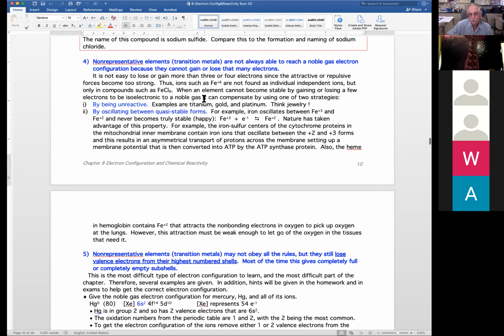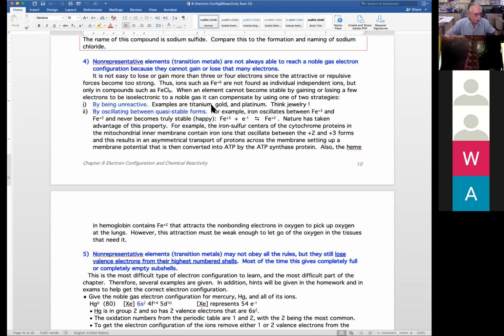Think about the jewelry metals, titanium, gold, platinum, and all those ones, right? That's one response to never being able to become stable, is you don't do anything. I'm sure you've known people like that. Another one is you simply oscillate back and forth between quasi-stable forms, never quite happy. And that's essentially what iron does.